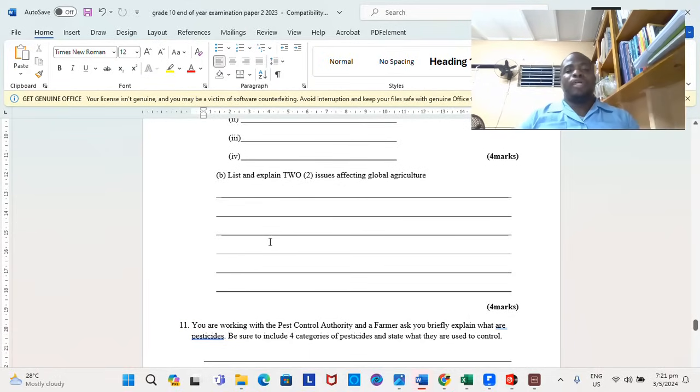Now, this question may be linked back to the above: list two issues affecting global agriculture. Global warming is one issue, but bioterrorism is a global issue where persons may use bio in terms of life, like anthrax or some form of microorganism to cause ill or harm to individuals.